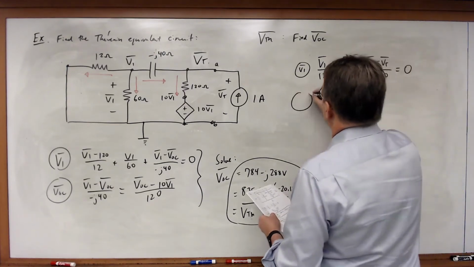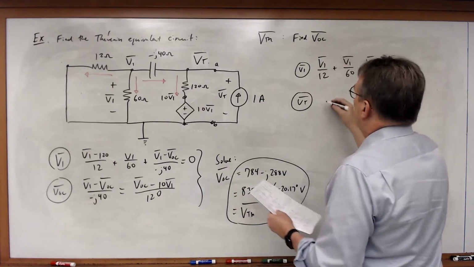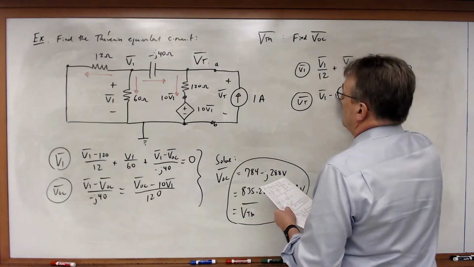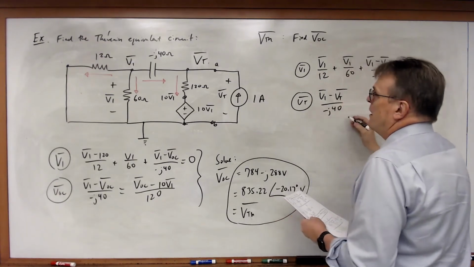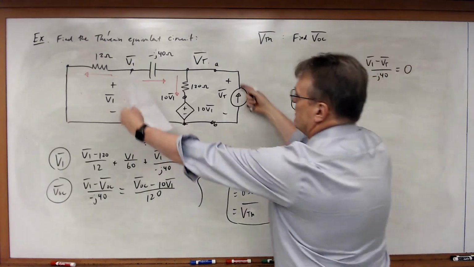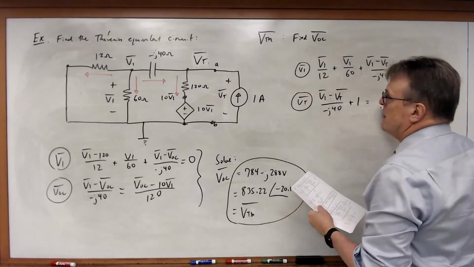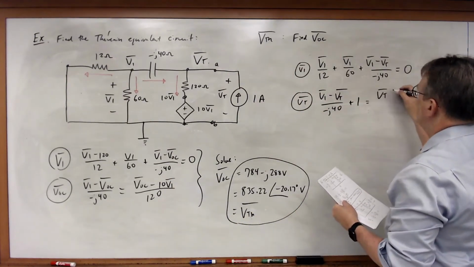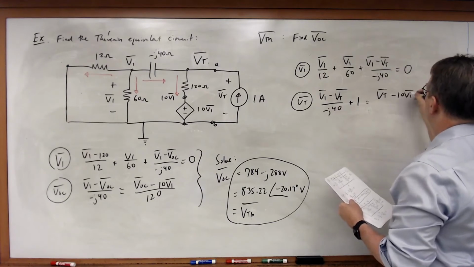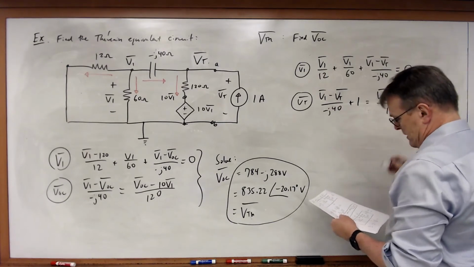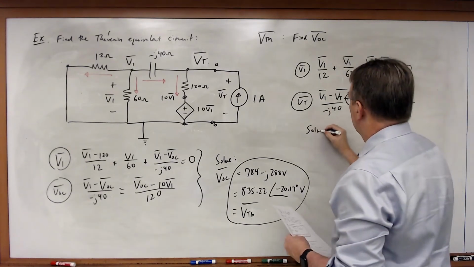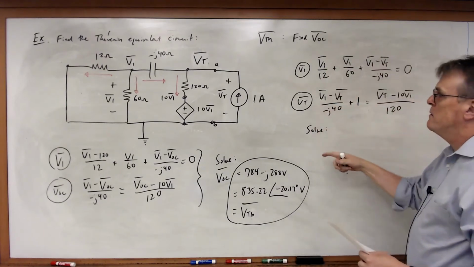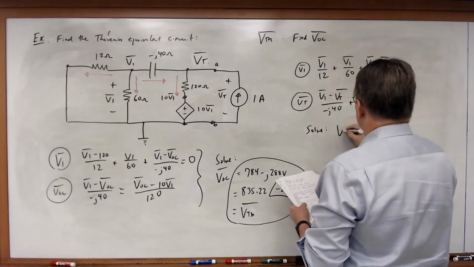And for my VT node, I have that V1 minus VT over minus J40 plus 1, both going in, must be equal to VT minus 10V1 divided by 120. And now I can solve for this.